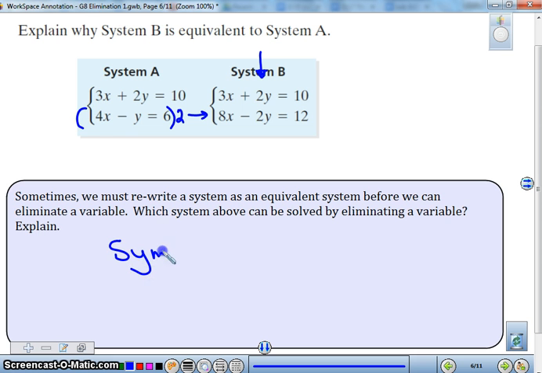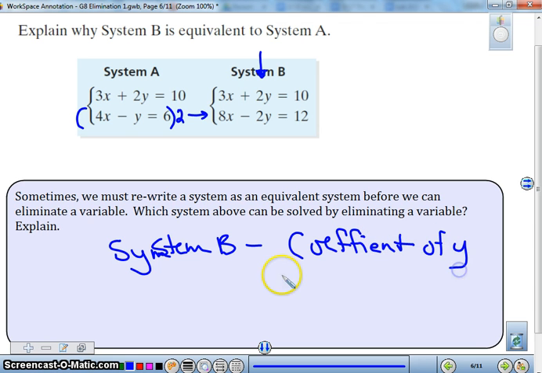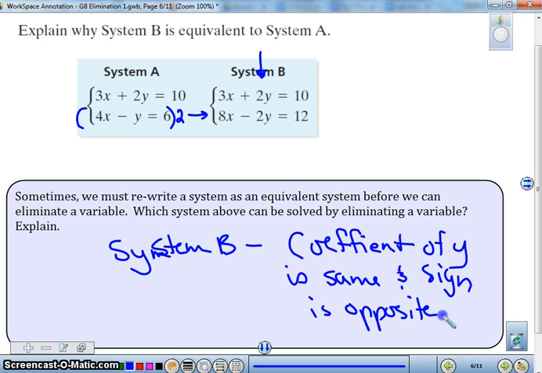System B. And the reason is that the coefficient of y is the same and the sign is opposite. And that is going to be key in order to eliminate.